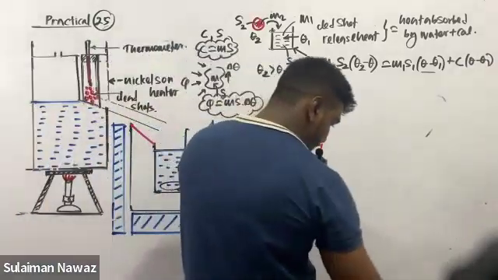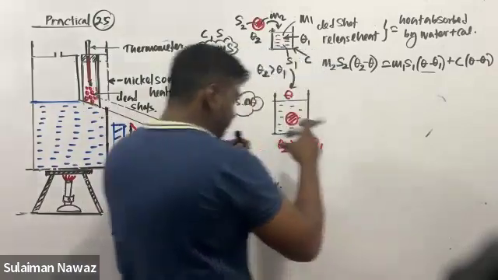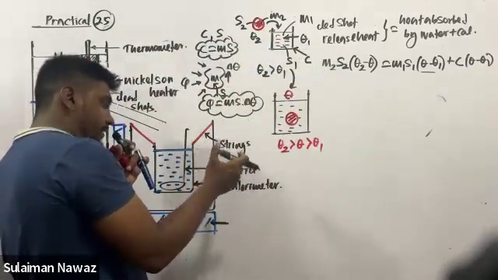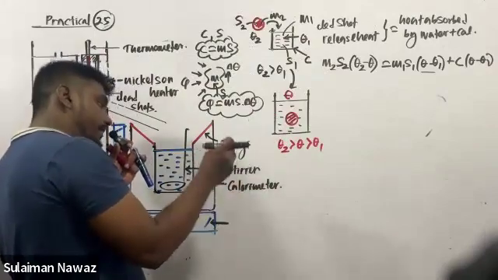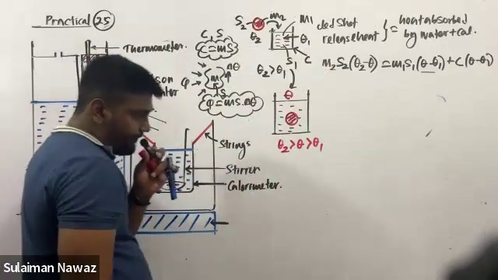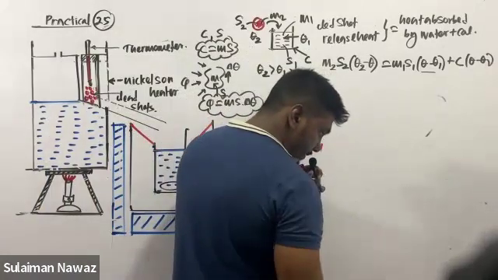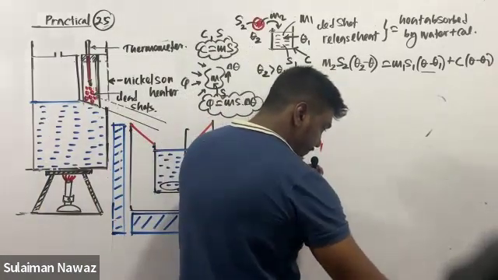The first step is to keep the calorie meter on the weighing scale, or the triple beam balance, and measure the mass of the calorie meter. Normally, that is our first step.